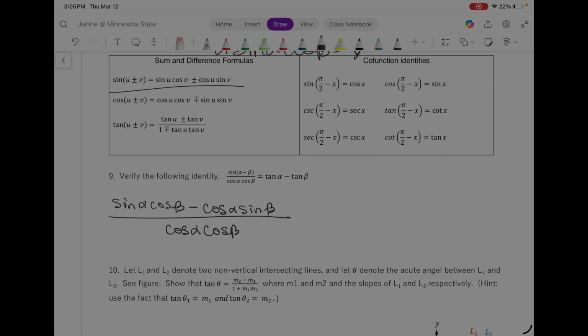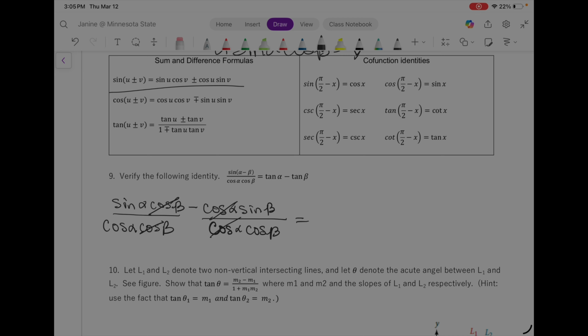Okay, well, I'm going to write each one of them over that denominator individually. So here's what I mean by that. This and this individually has this denominator, because then those cancel. Same thing here. Those cancel.